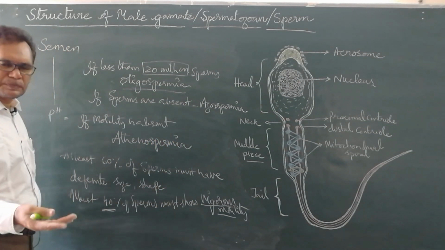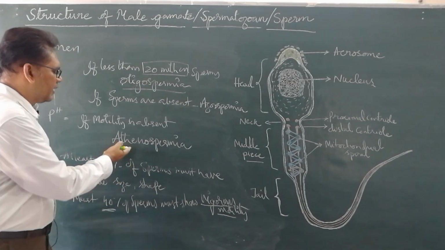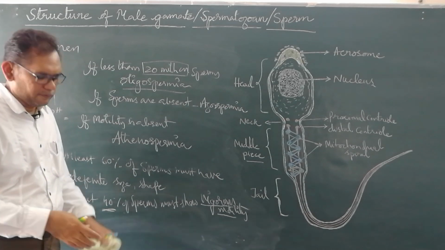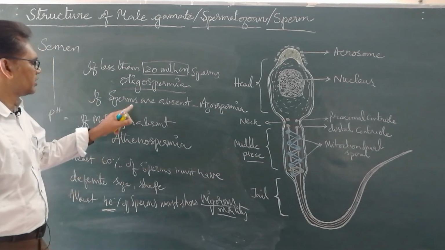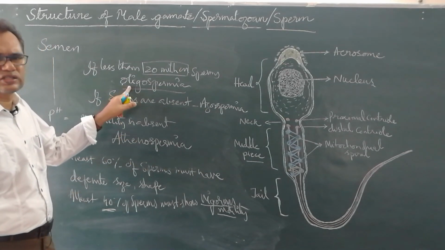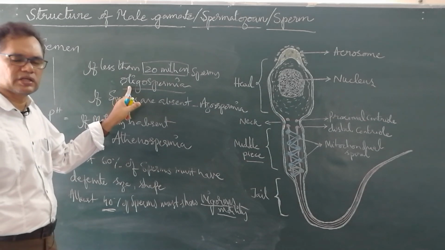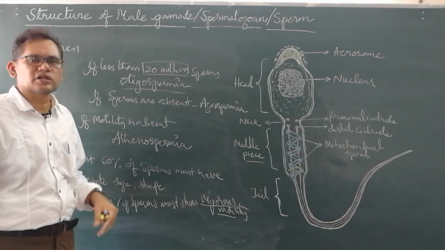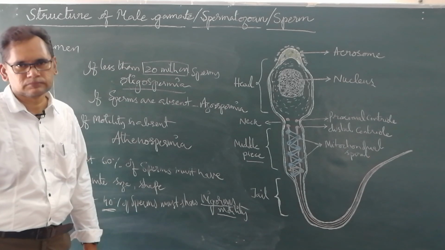It means sperms are unable to move in the seminal fluid. Now this may also lead to sterility. These are problems related to infertility. In oligospermia, sperms are present but less in number. But azoospermia or asthenospermia results in problems related to infertility.